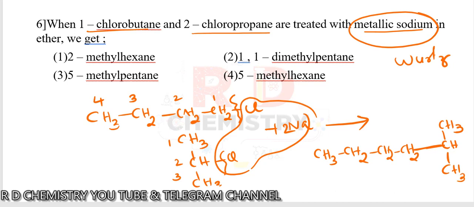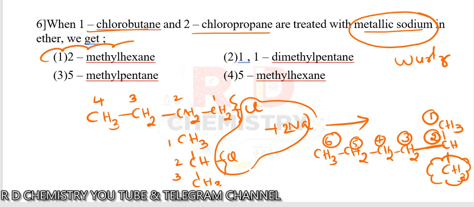Select the longest chain of carbon atoms. So carbon number 1, carbon number 2 here, because we start from that side where there is a substituent. Carbon number 3, 4, 5 and 6. So it is the six-carbon chain, the longest chain. On second carbon atom there is a substituent, methyl. It should be 2-methylhexane. So the answer is option number 1, 2-methylhexane.